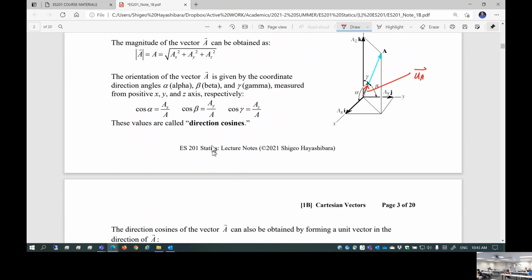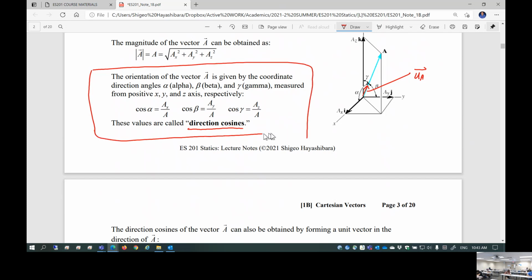Also, this is something called direction cosines, quite important. This will definitely be covered in the homework assignment. You take the direction of the vector A and the angle between this direction of A and the direction of, for example, the x coordinate.